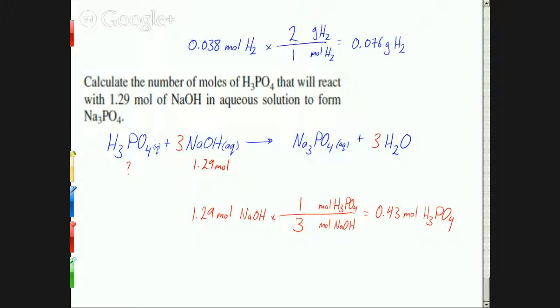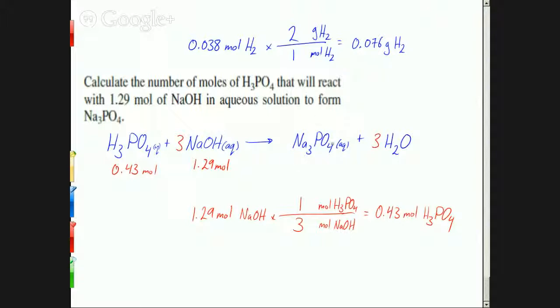We could use a similar technique and figure out how many moles of the others we make. And in fact, we can just do that by looking at it now that we've got these 3. If we need 0.43 of this for every 1.29 of this, how much of this do we make?